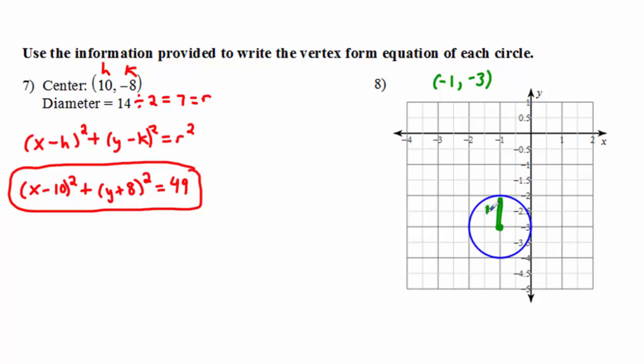So this is a radius of 1, and if you're just counting squares, you would probably say it's 2, and that's wrong. So I'm going to write the equation over here: (x + 1)² + (y + 3)² = our radius squared, which is 1², which is 1.